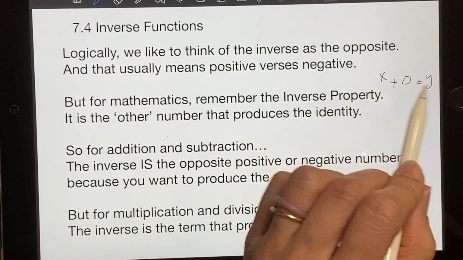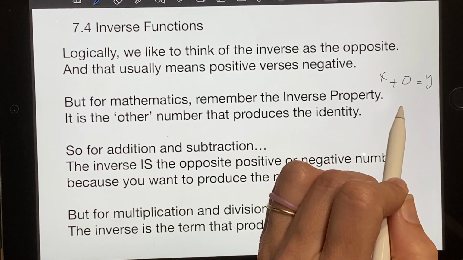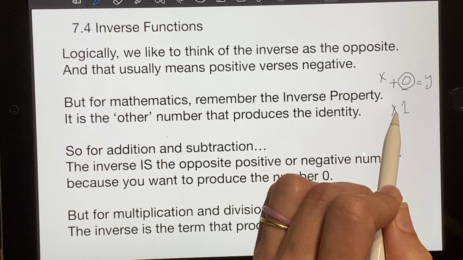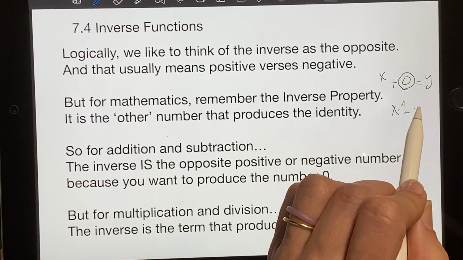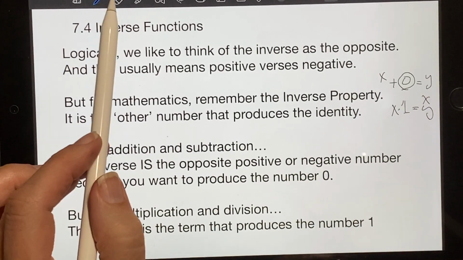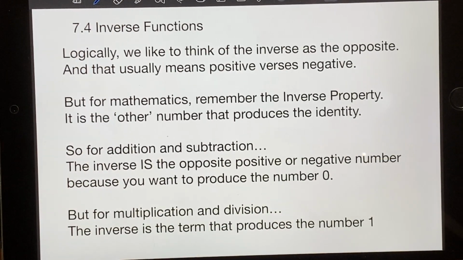What's on the left side is the same on the right side. When we were using multiplication, we know that our identity for multiplication is the number 1. Because when we multiply times 1, we get the same thing back. It's still going to be x on that side. So these are important as we move forward for inverses.